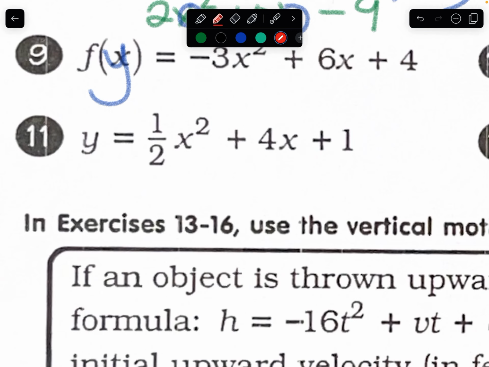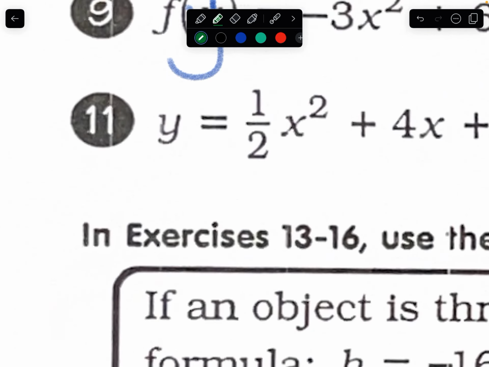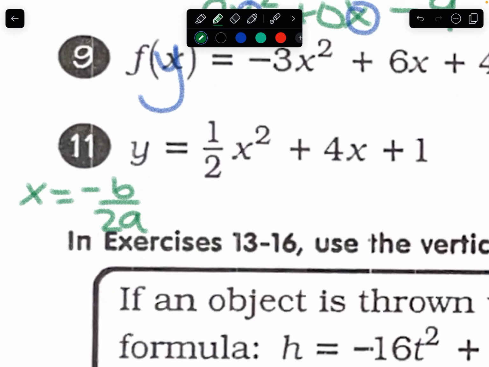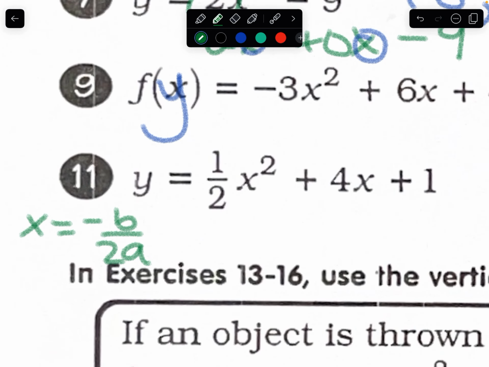Okay, number 11 here. X equals negative b over 2a. So that's a 4.